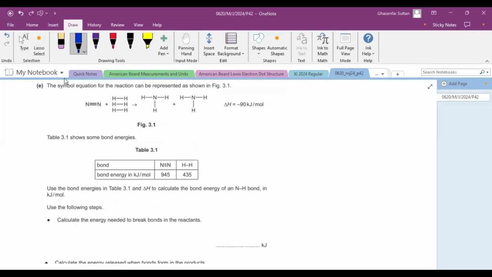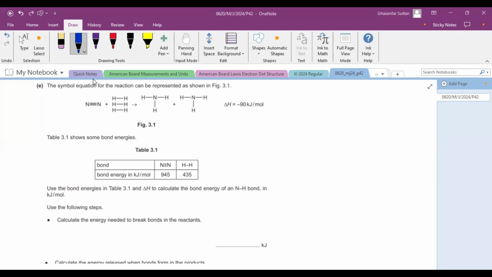This is part E. The symbol equation for the reaction can be represented as shown in figure 3.1: 1 mole of nitrogen reacts with 3 moles of hydrogen to produce 2 moles of ammonia gas. So here we have the bond energy values. For breaking this bond, we need 945 kilojoule per mole of energy.